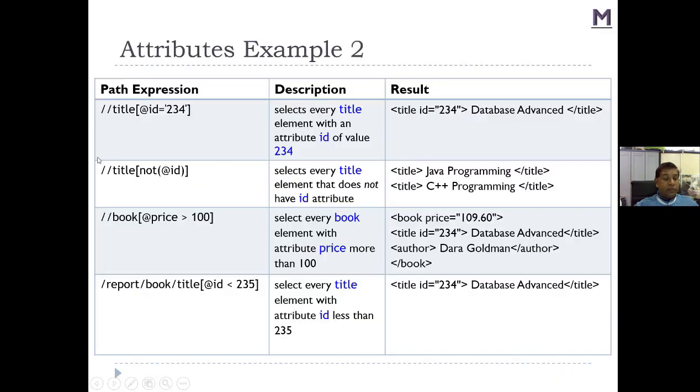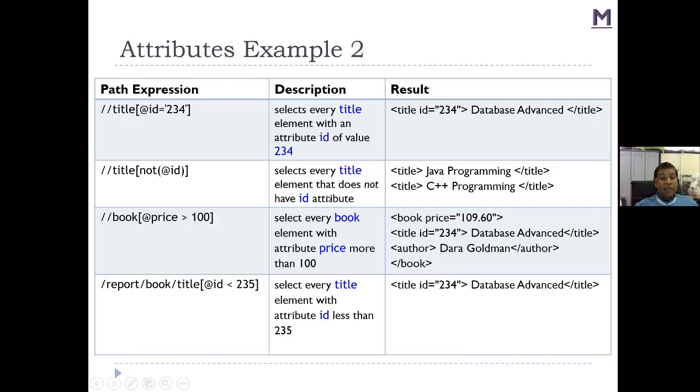Next, if you use the /title[not(@ID)], what it will do, it will select every title element that does not have ID attribute, because we use not.